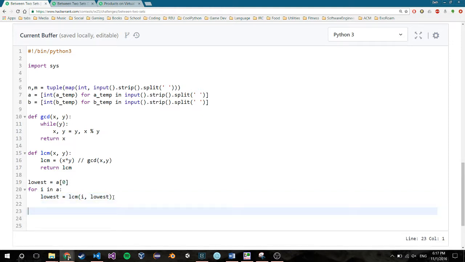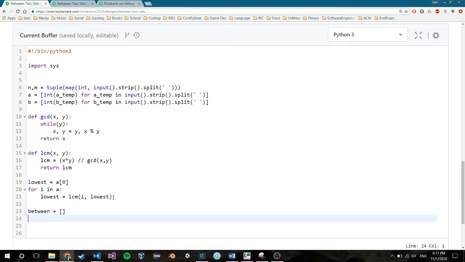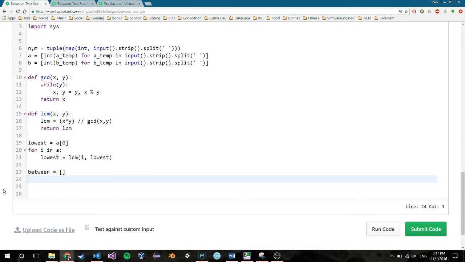And then after you have that, just generating all the ones between them. How do you know when to stop?